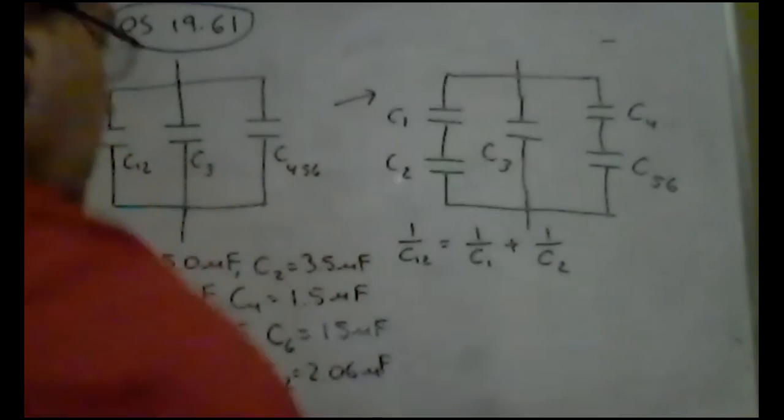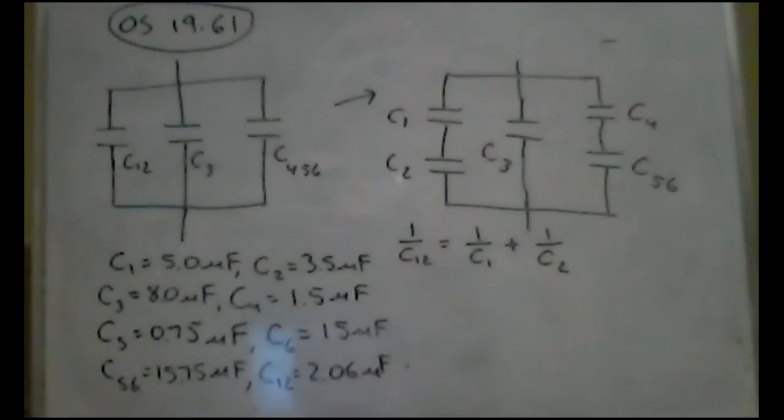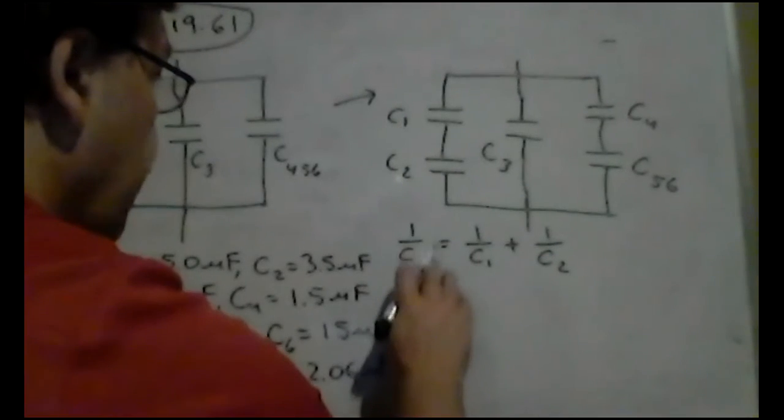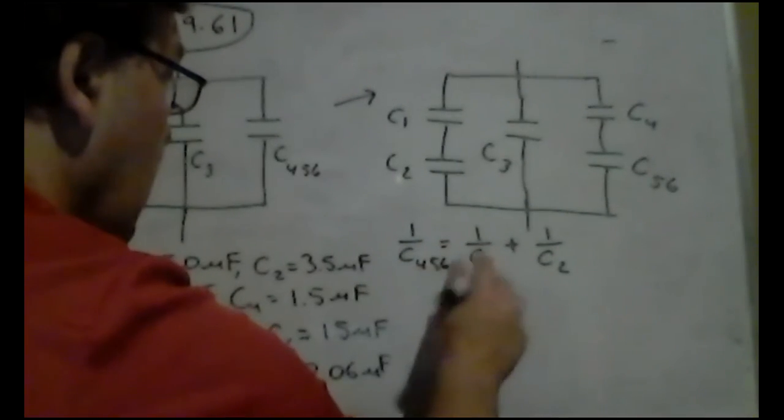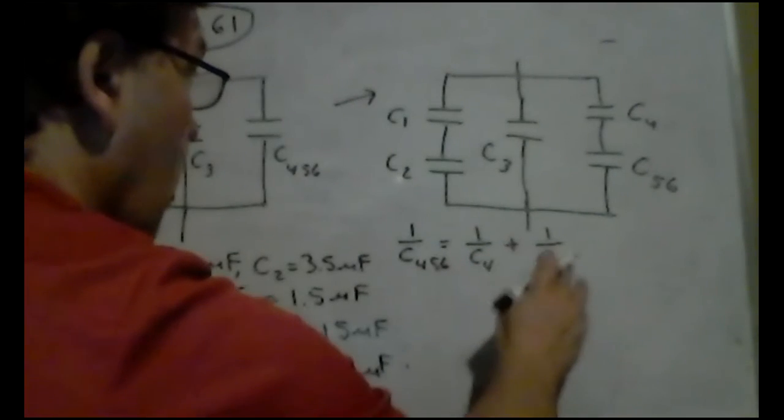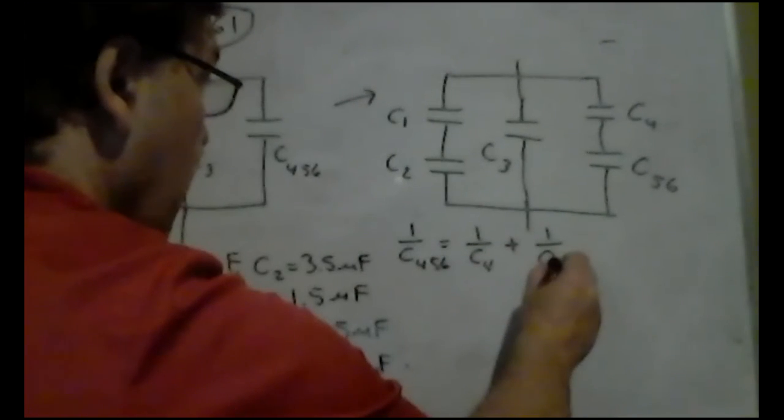All right, so that'll give me 1 over C456 is 1 over C4 plus 1 over C56.